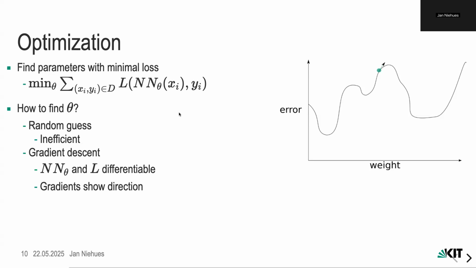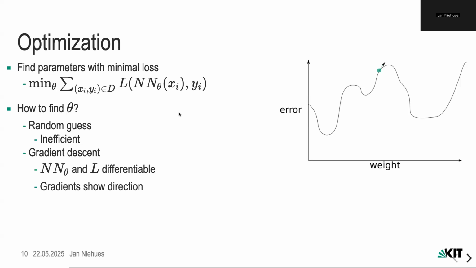We could randomly guess a lot of possible points, always evaluate, and then select the one which is good. You would get a result, but this is typically very inefficient. If you think about it, you have millions of parameters. If you always do random guesses, they will all be quite bad because normally you assume most of the area gives really bad results and there are only small fields where it's really good.